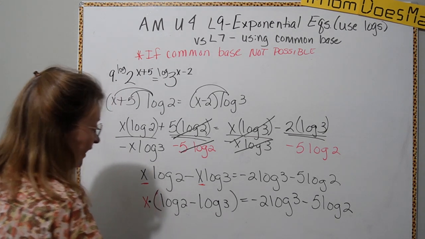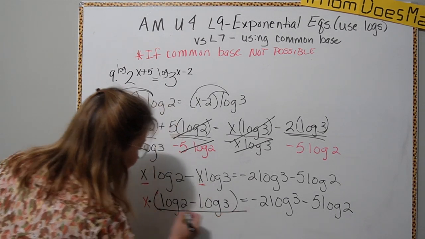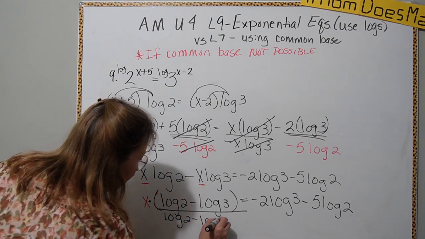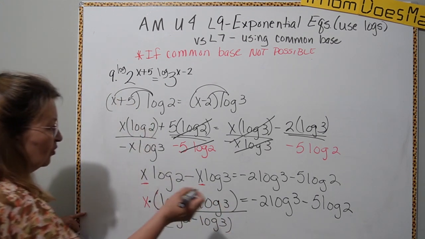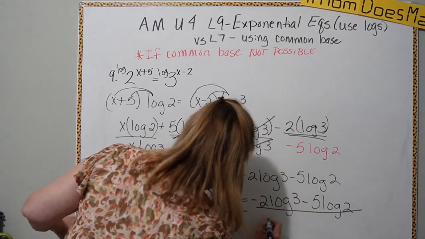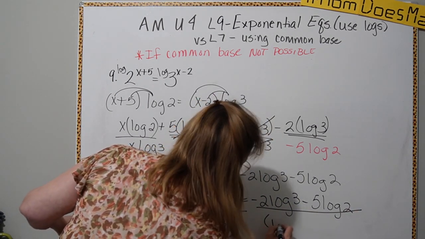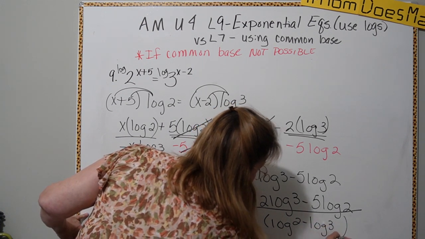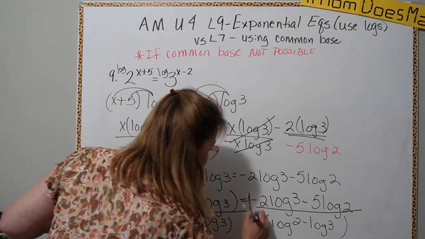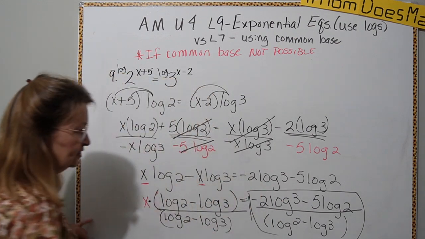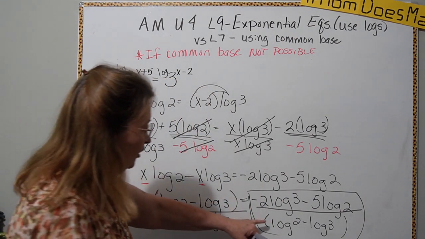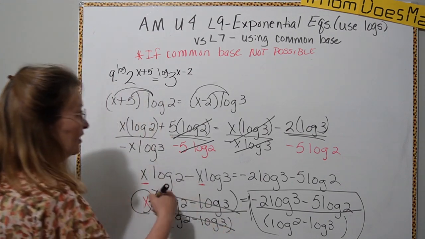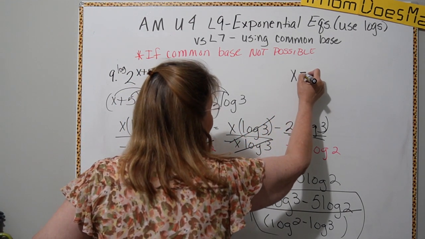It's multiplied, so what I'm going to do is divide all the way through by log 2 minus log 3. Whatever you do to one side, you have to do to the other. So this is going to be divided by log 2 minus log 3. Now if you notice, all of this right here is just a number. There is no variable here. So these two will cancel out. I can come up here and do x equals.